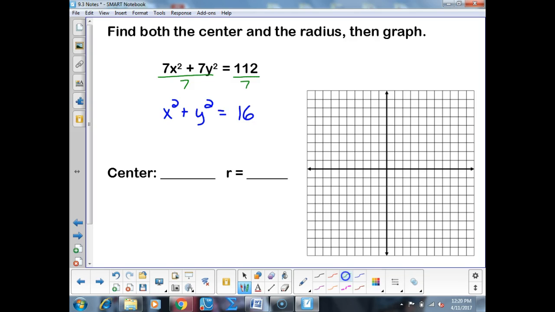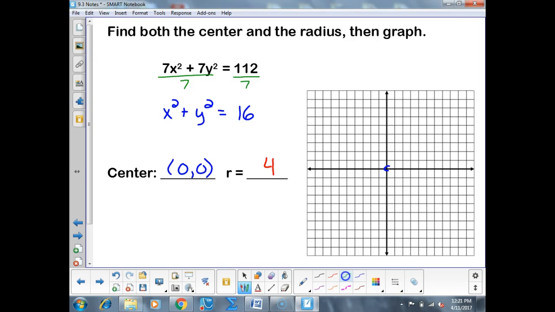What's the center, Nathan? 0, 0. What's my radius? Kennedy? 4.